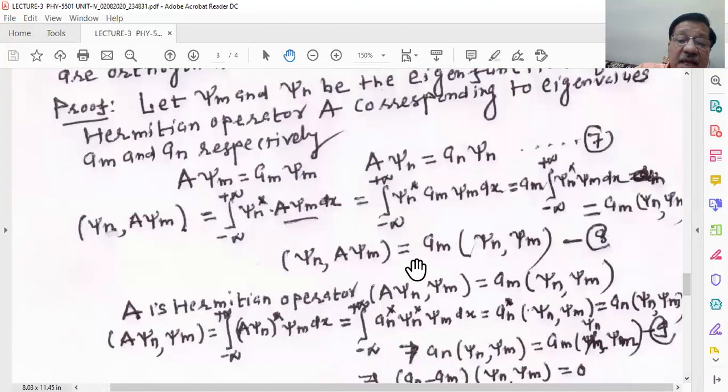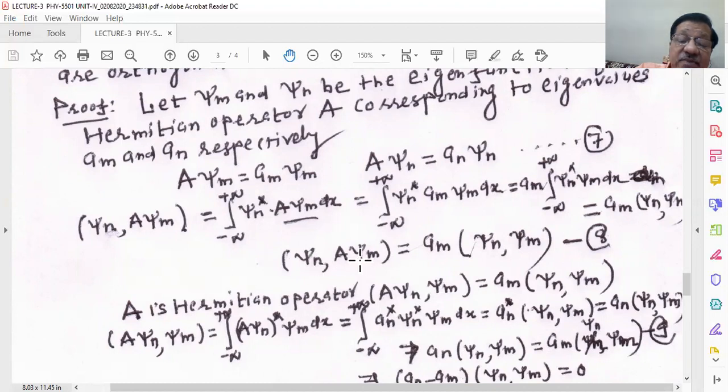As A is the Hermitian operator, we can write this as (ψn, Aψm). This scalar product is nothing but (Aψn, ψm), because A is the Hermitian operator, and we know the property of the Hermitian operator, its definition also.